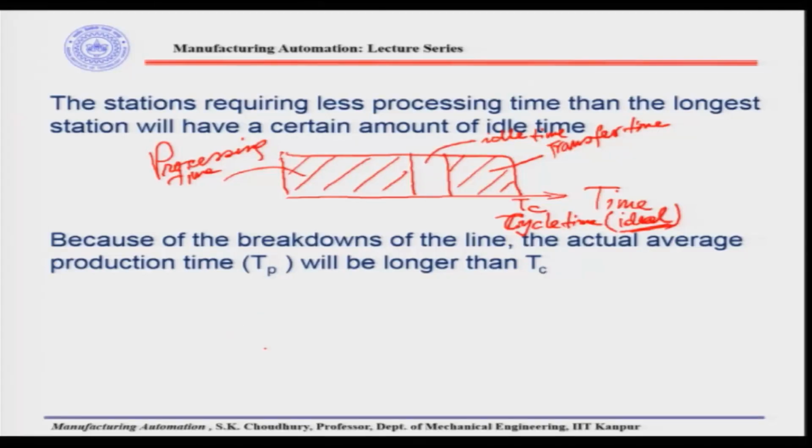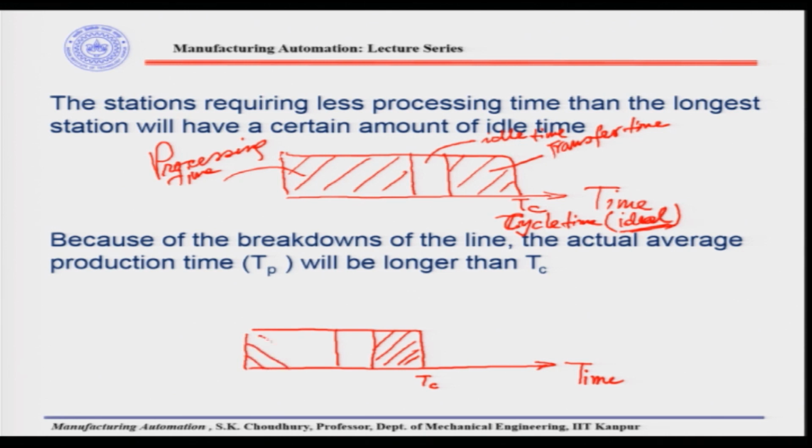In fact, what happens in practice is that there could be some sort of machine breakdown in a cycle or in a few cycles. So, in that case, if this is the time, and this is the Tc, and here we have the transfer time, here we have the processing time, and this is the idle time. But there would be certain breakdowns in the machine, in the line.